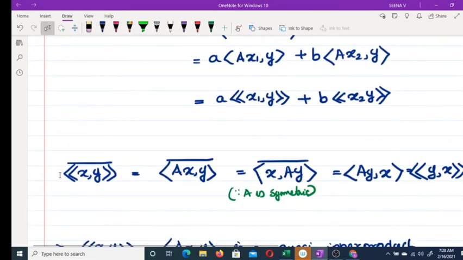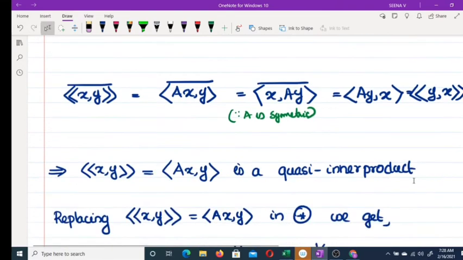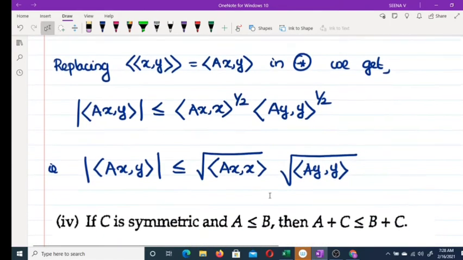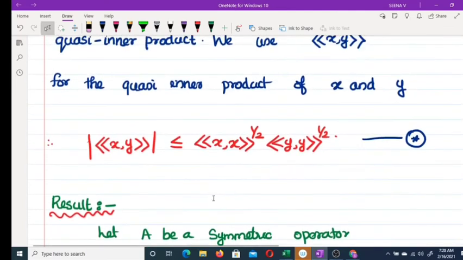Now inner product xy conjugate equals inner product axy conjugate, but A is a symmetric operator, therefore axy is the same as xay conjugate, and this is the same as ayx, and this is quasi inner product yx. That means this is a quasi inner product. Replacing xy by axy, we get this, our star. Here we are replacing this by inner product axy.